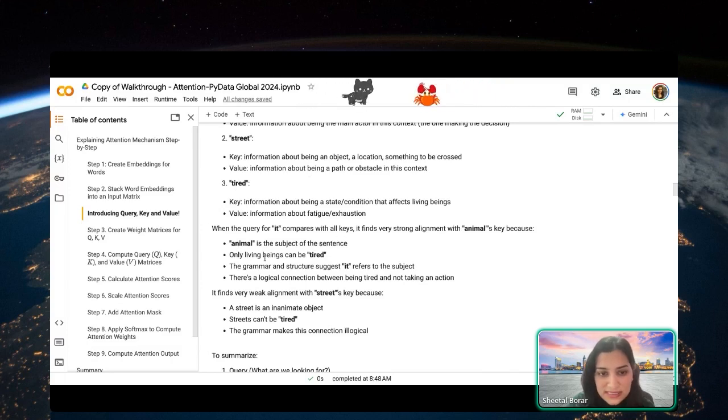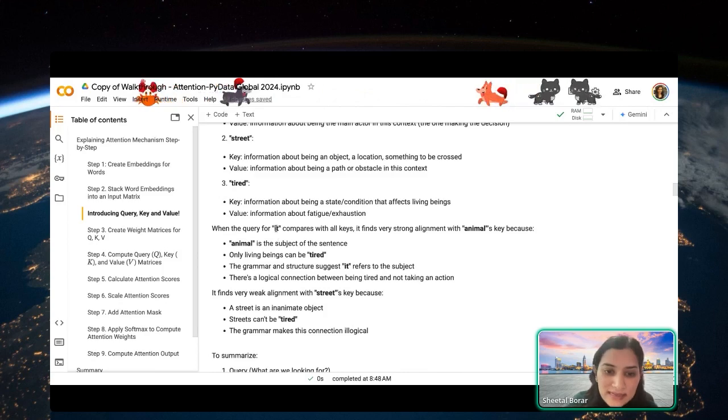Animal is the subject of the sentence. Only living beings can be tired, and animal is a living being in this context. That is why it refers to animal here.